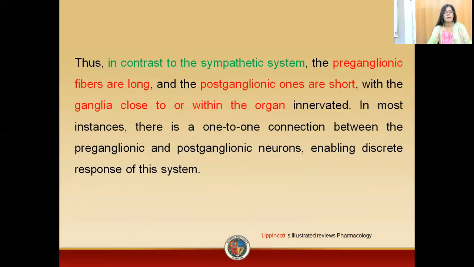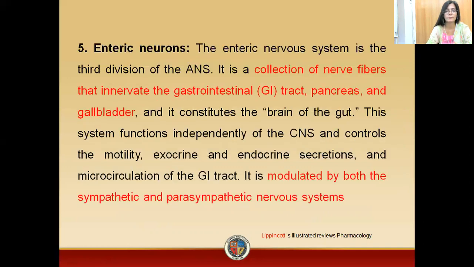Again, in contrast to the sympathetic nervous system, preganglionic fibers of the parasympathetic nervous system are longer, while the postganglionic ones are shorter. Why shorter? Because definitely the ganglia is close to the effector organ. So for example, this is the ganglia and this is the effector organ. So both are close to each other. So in this case, the length is shorter.